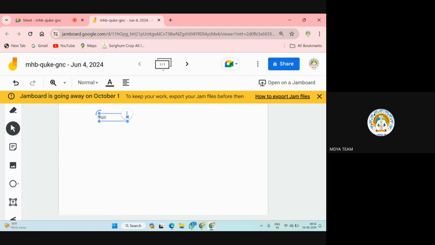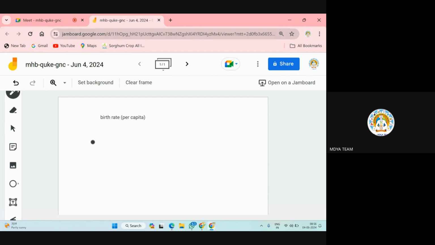Okay, the first one is birth rate. Birth rate can be calculated per capita, meaning per individual. If 20 individuals are there in a population and there are 4 new births, what will be the birth rate per capita?